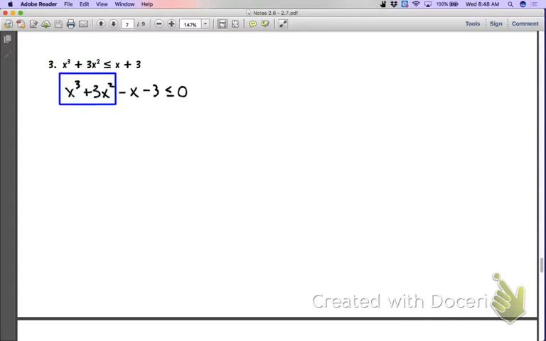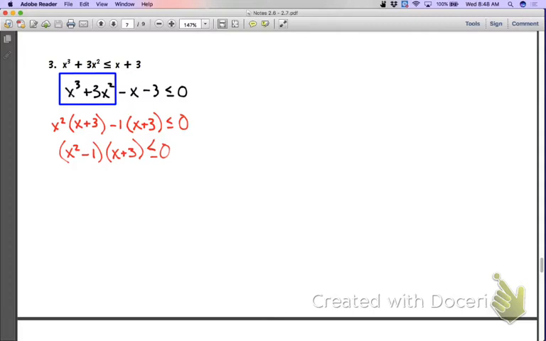So if I group this here, I can say I have x squared times x plus 3, then minus 1 times x plus 3. So then I have x squared minus 1, times x plus 3, is less than or equal to 0.